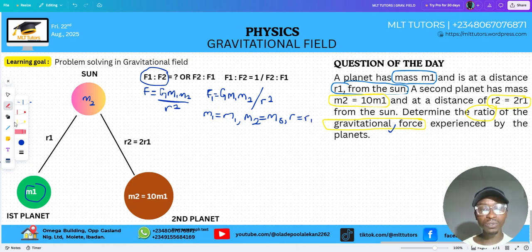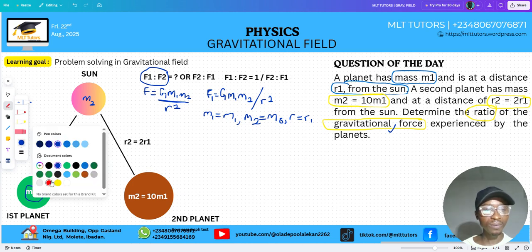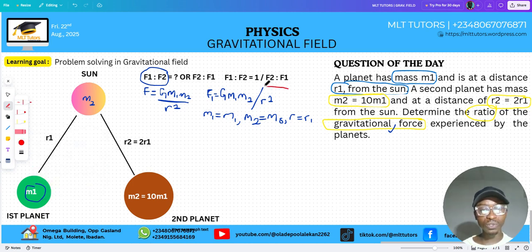Now substituting all these values into the equation of our first planet.